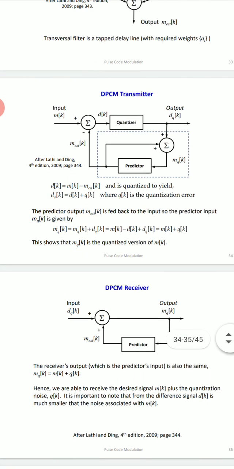Here we can see the block diagram for the differential pulse code modulation transmitter and the receiver side.